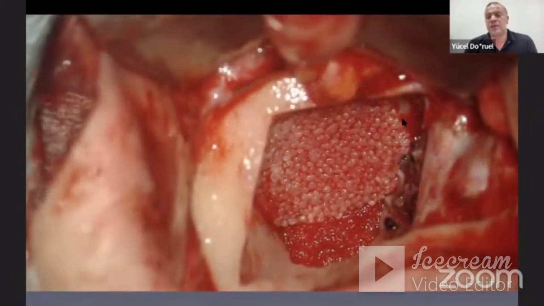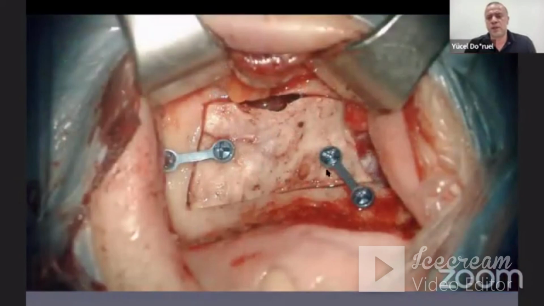The bone defect of the orbital floor can be repaired with some materials like synthetic bones. At the end of the surgery, after achieving hemostasis, the maxillary bone can be placed anatomically.